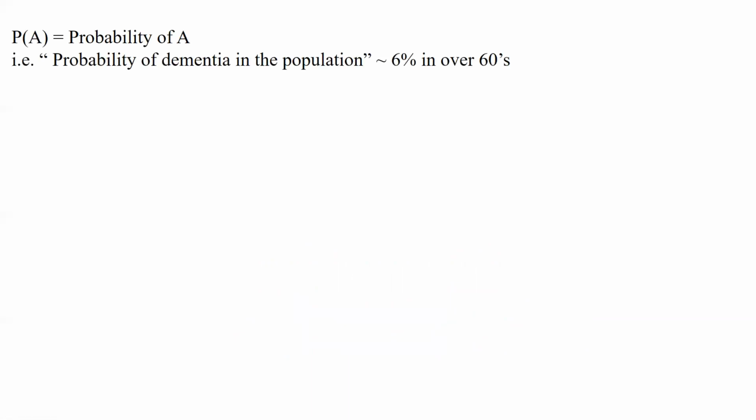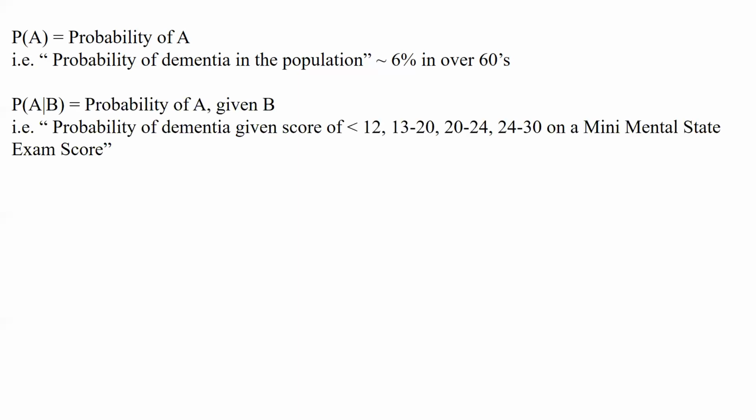Just to hammer this home again, let's rephrase this in terms of the probability of dementia in the population, which we know, you can look it up, it's about 6% in over 60s. One assessment of dementia is something called a mini mental state exam score, which is basically a test for cognition.